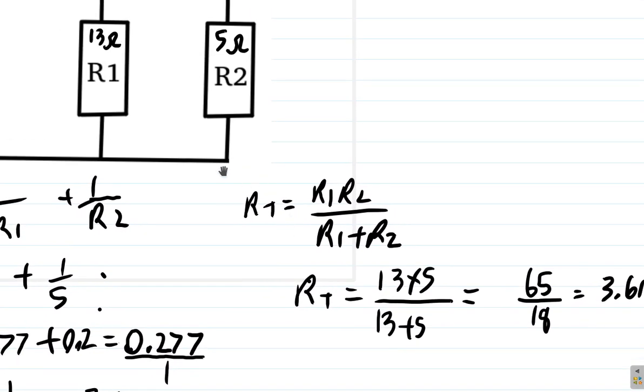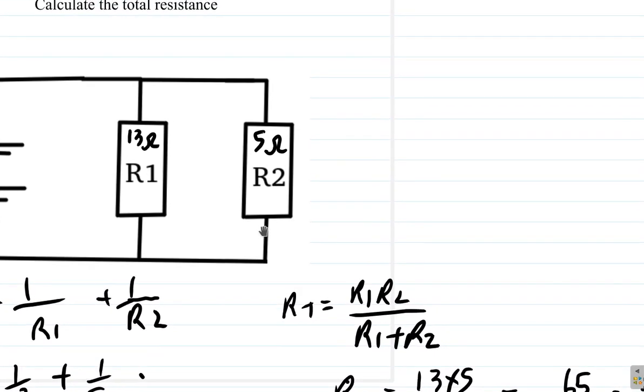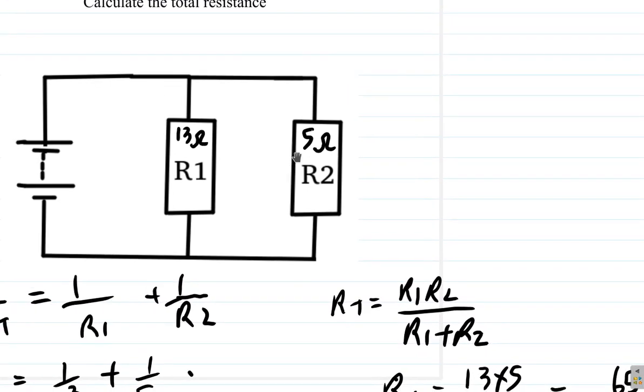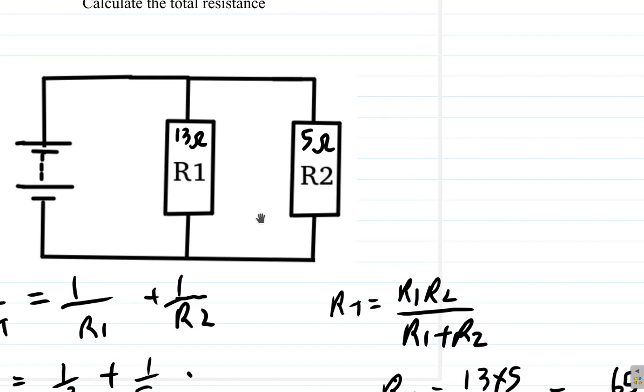Now here, you will notice that the 3.61 is smaller than the smaller resistance here. In fact, when you have resistances in parallel, the total resistance will be smaller than the smallest individual resistance. Because what happens? If you have 5 ohms, current can flow down here through the 5 ohms.